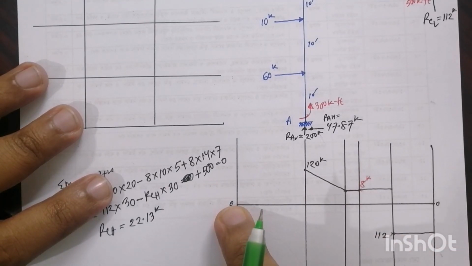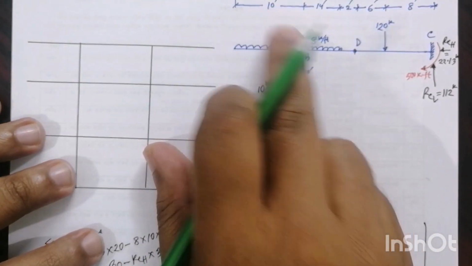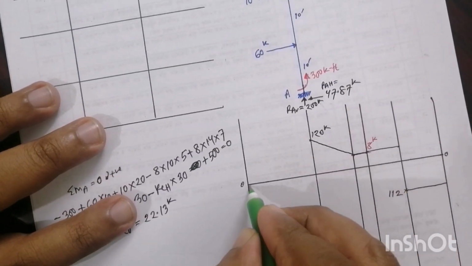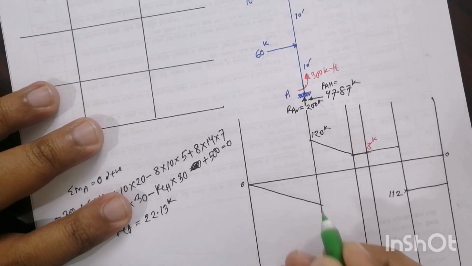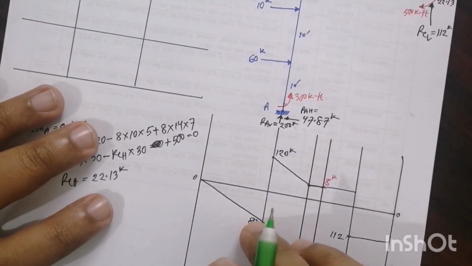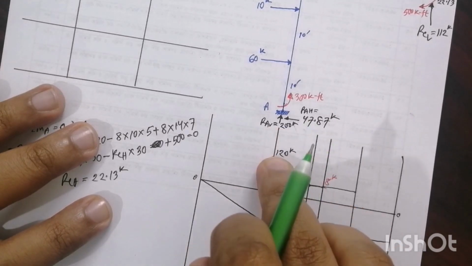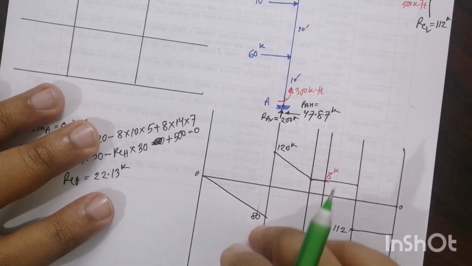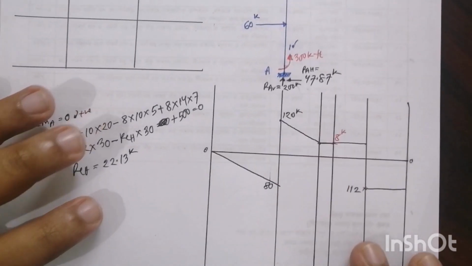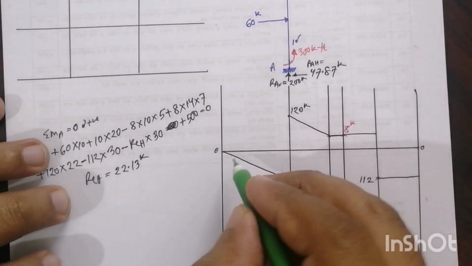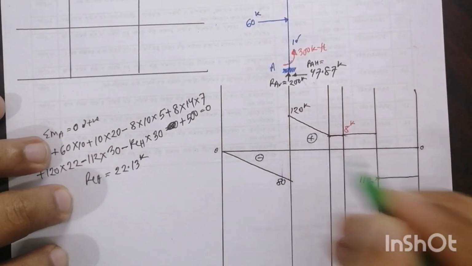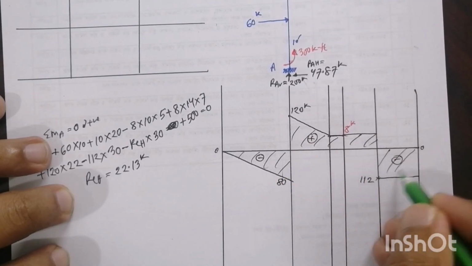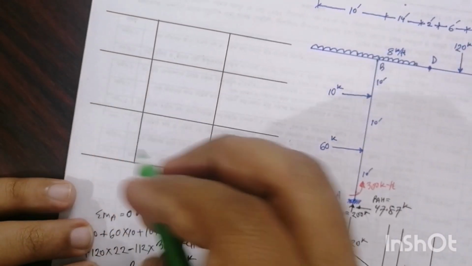Now if we take from this point, that is 10 feet and 8 kip per foot, 10 into 8, 80, so we see minus 80 plus 200 is 120. This is minus, this is plus, minus. So this is our shear force for this portion. Now we have another portion of this shear force.